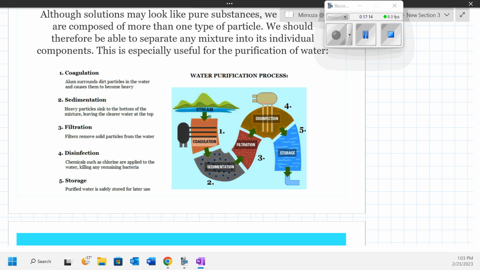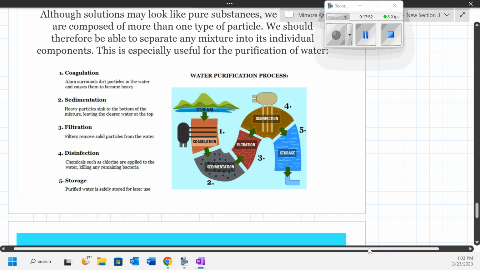Then it goes through filtration, where the solid particles are removed from the water. It is disinfected, and this is where they put chlorine to kill the remaining bacteria. However, keep in mind that along with bad bacteria, chlorine is killing good bacteria as well. And then the clean water is stored for later use.